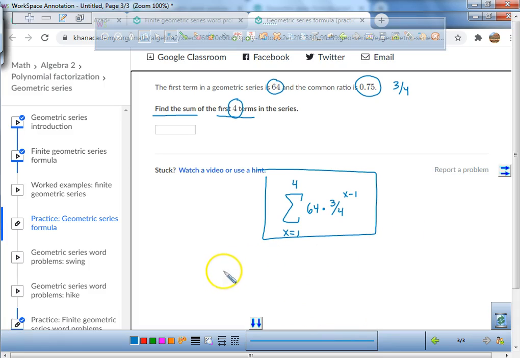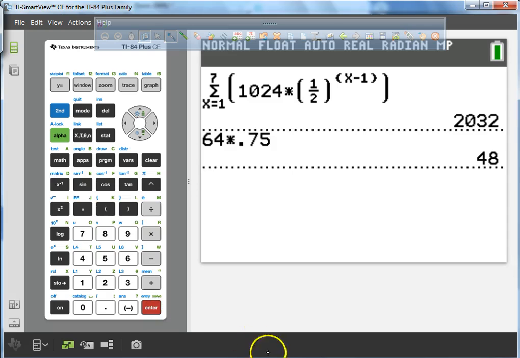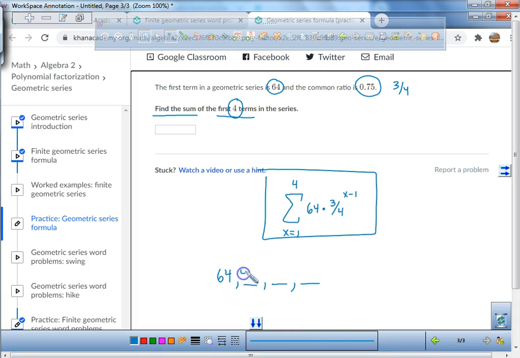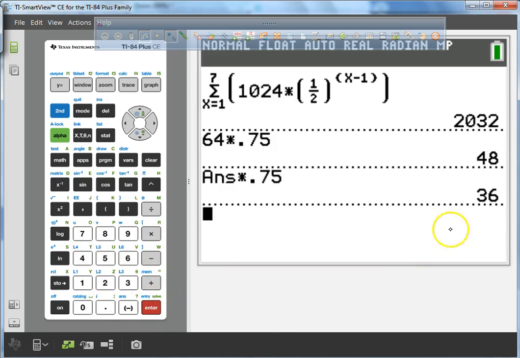Now, what would be another way you could do this if you want to just do it by hand? You would do 64, and then you would multiply this by 3/4 and get the next one, and then multiply it by 3/4 and get the next one, and multiply it by 3/4 and get the next one. So you could take 64, multiply it by 0.75, and you get 48. So you'd put a 48. And then you multiply that by 0.75, and what do you get? 36.